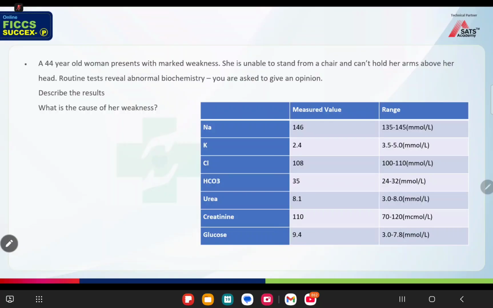What other things can cause this kind of picture? Iatrogenic steroid. Other than steroid, what other medication can produce a picture similar to this?